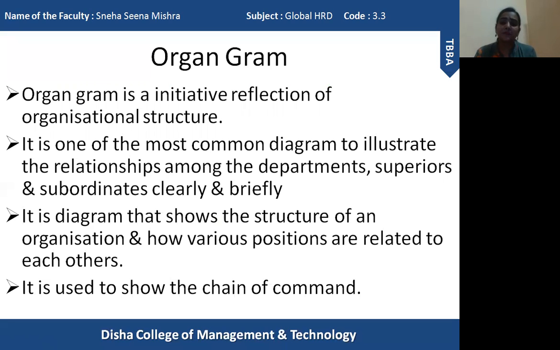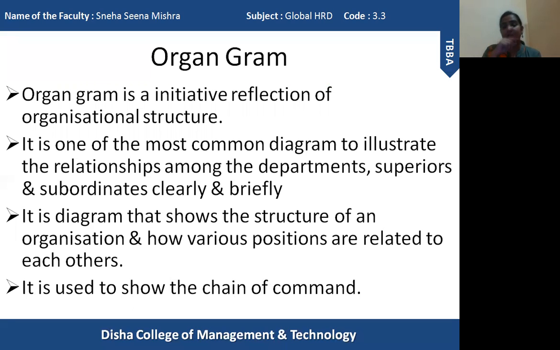It is one of the most common diagrams to illustrate the relationship among the departments and the superior and subordinates, which are explained clearly and at the same time in a brief manner. See, when an organization structure is created, it must be divided into different departments, categories, and sections, and each and every job needs to become part of the organization structure.